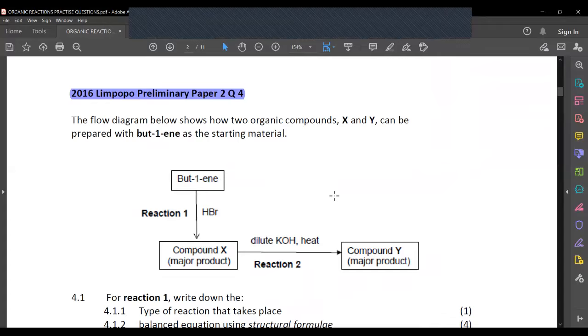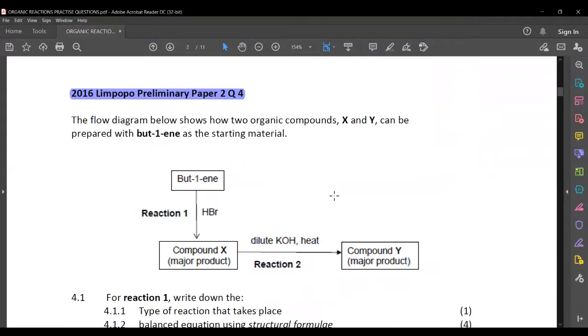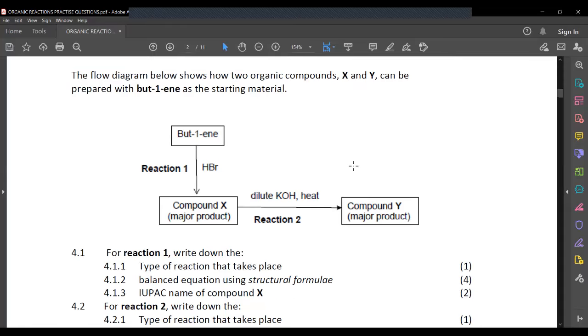And that's just great. The flow diagram below shows how 2 organic compounds X and Y can be prepared with but-1-ene as the starting material. So they've already told you but-1-ene. There you have it. Write down 4.11 says for reaction 1. So I look at reaction 1.